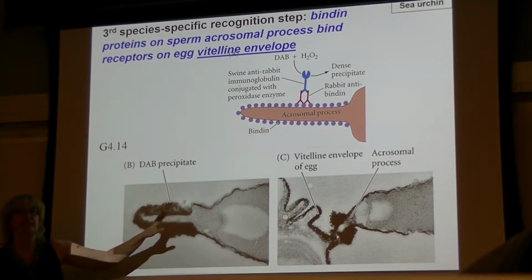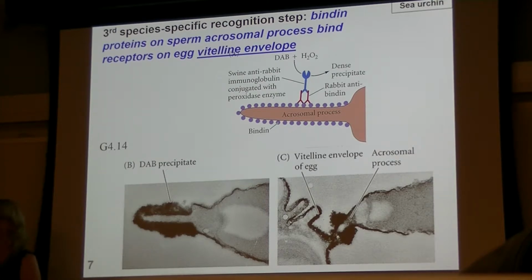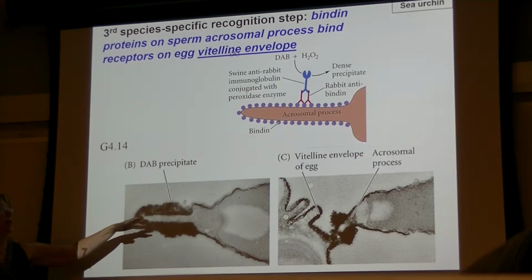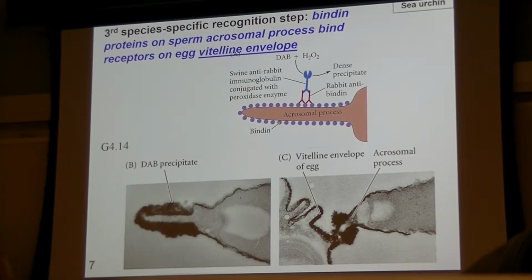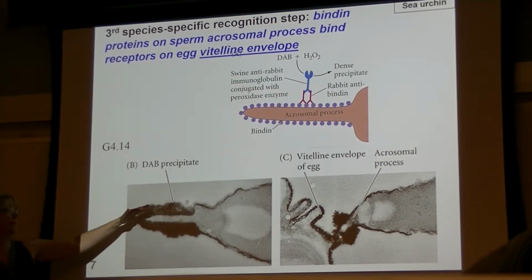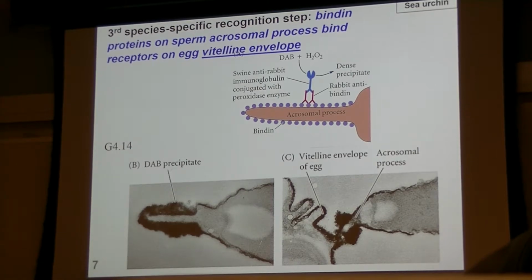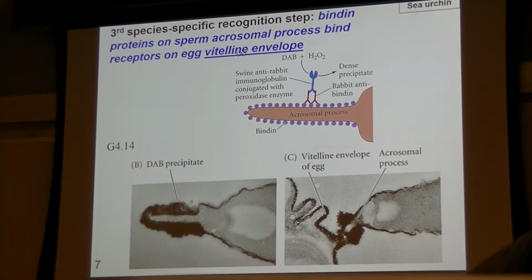These two slides down here, I want to point out, show an immunohistochemistry experiment. Is this telling us something about protein or mRNA? Protein, right. This is a way that we can ask where the binding protein is localized. They've used an antibody that is specific to this species of sea urchin binding protein.